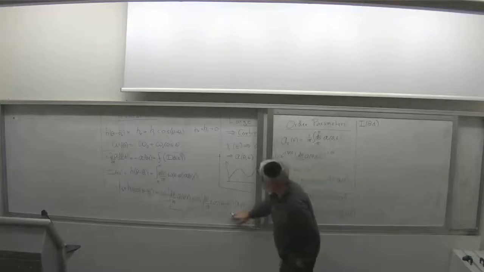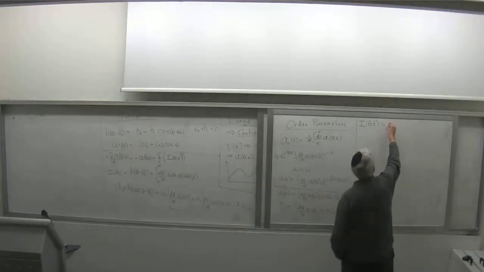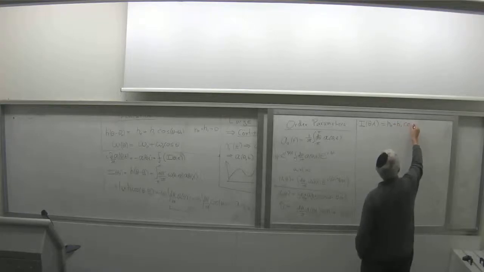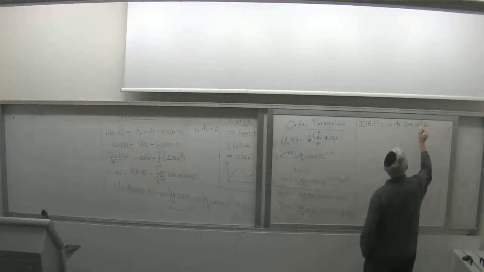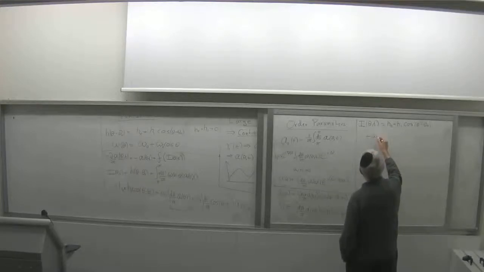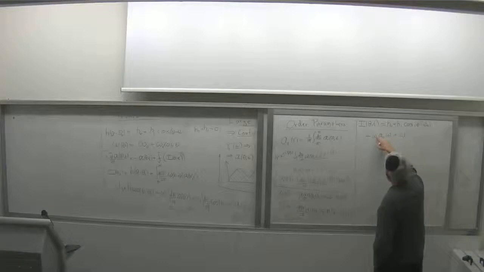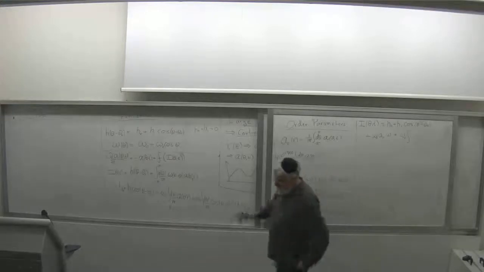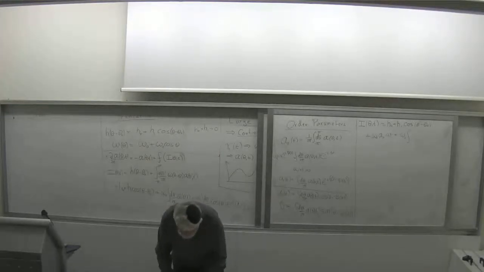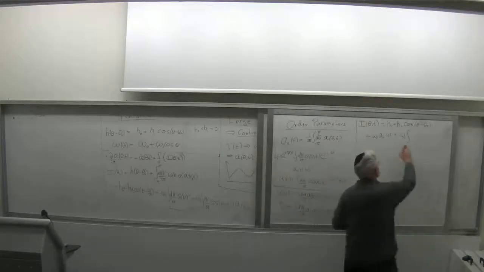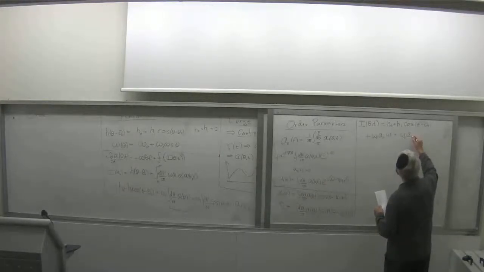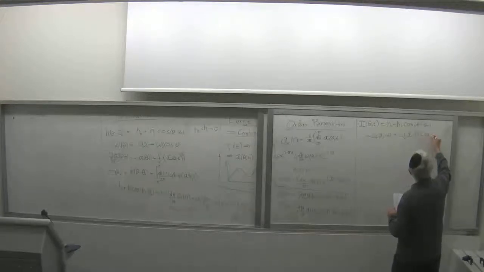I'm looking now at this equation and write it as h0 plus h1 cosine of theta minus theta 0, plus w0 times a0, plus w1 times a1 of t times cosine of theta minus psi of t.